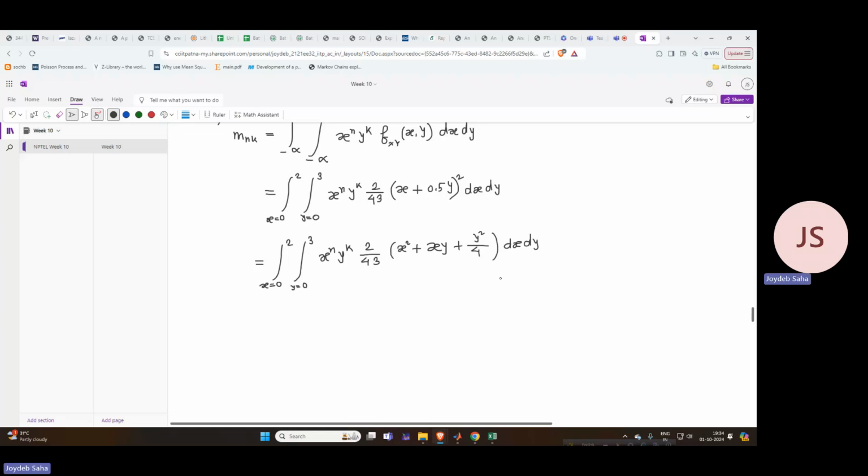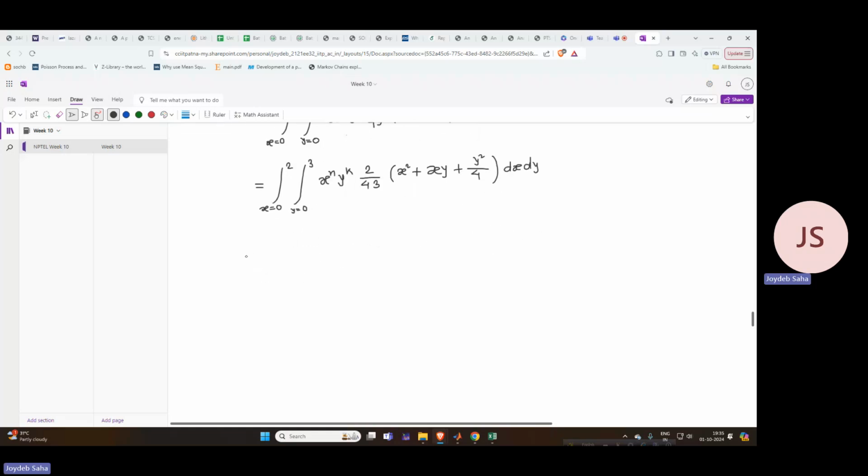Okay. So 2 upon 43. This is, so what will be? x is equal to 0 to 2.